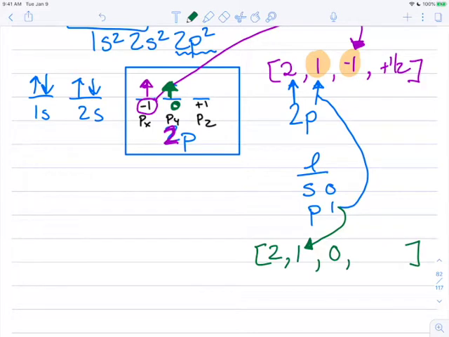And finally, for our spin, I'm going to say plus 1/2 because mine is sitting up. If you chose to put yours down, you could call that a negative 1/2. But what do we think about our quantum numbers here, the ones that I've done in green for this electron right here that's in green? Any questions on anything so far?